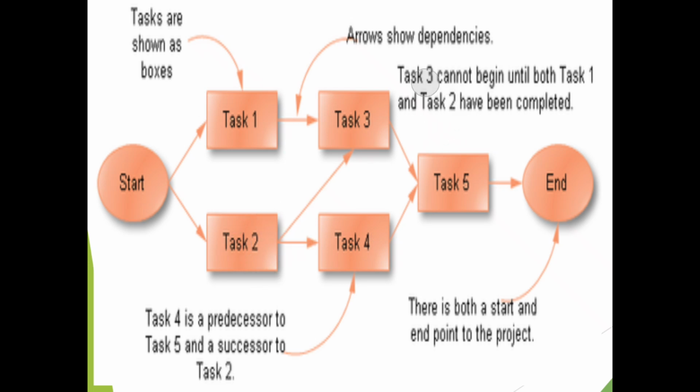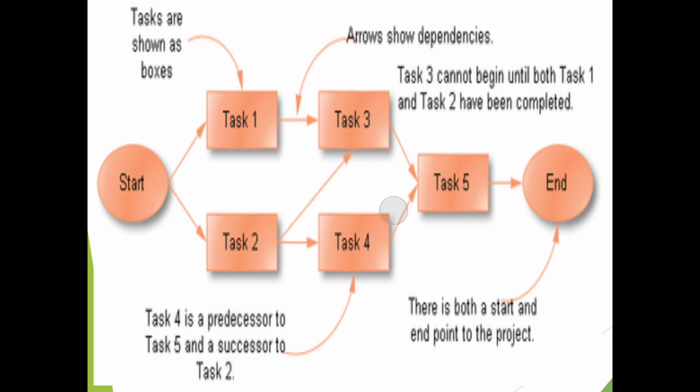For example, here I've got a statement which is saying task 3 cannot begin until both task 1 and task 2 are completed. So, for you to deal with task 3, you need first to deal with task 1 and task 2. Here, this one is saying task 4 is a predecessor to task 5 and a successor to task 2.